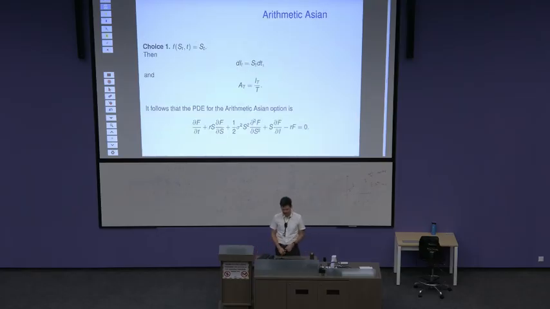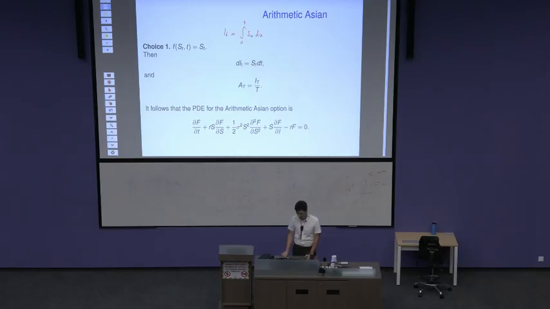Again, I start with the naive approach, so to say. I just say, okay, well, I integrate over asset prices, ST. So IT would be just an integral from 0 to t over the asset values.